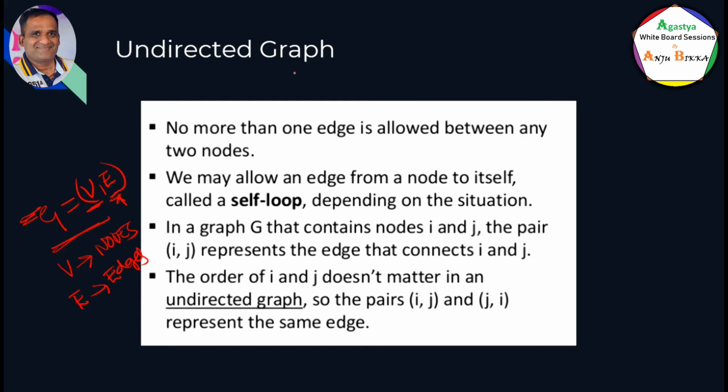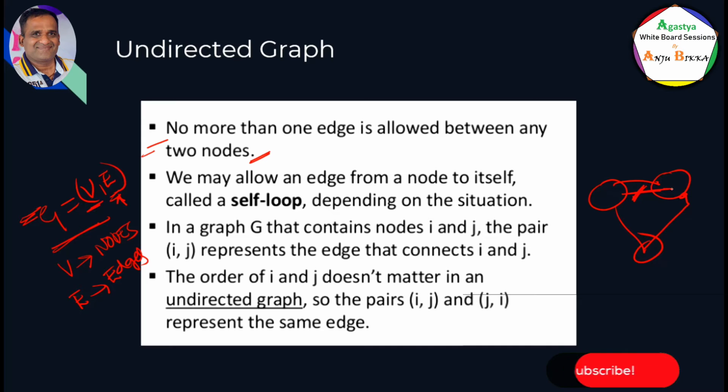Now, more on undirected graphs. The first point is that no more than one edge is allowed between two nodes. What does it mean? If we connect two nodes like this, it is only one edge. We can't put one more edge, because this itself represents that you can go from here to here or here to here.